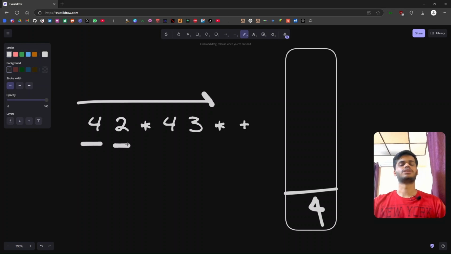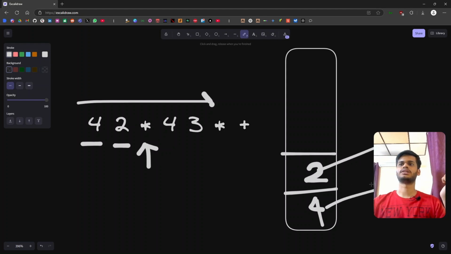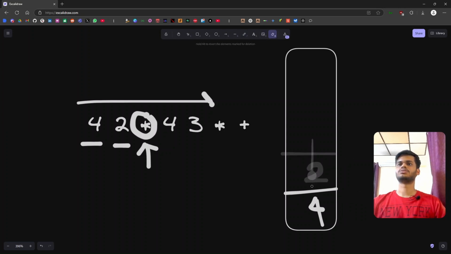Then we encounter a 2, it's a number, so we push it to our stack. Then we encounter the first operator. When we encounter an operator, we pull out the last two items and do the operation on them. So 4 times 2 is 8, and we remove these and put our 8 into the stack.